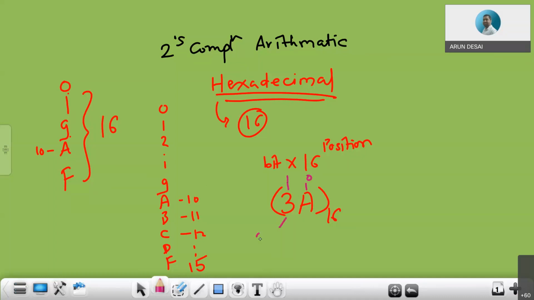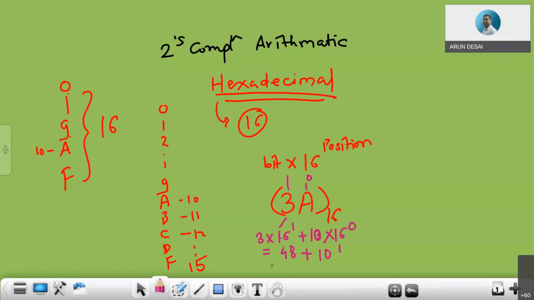So 3 into 16 raised to 1 plus A, A means 10, right? 10 into 16 raised to 0. Anything raised to 0 is 1, so 10 into 1 is 10. 16 raised to 1 is 16. 16 into 3 is 48, right?